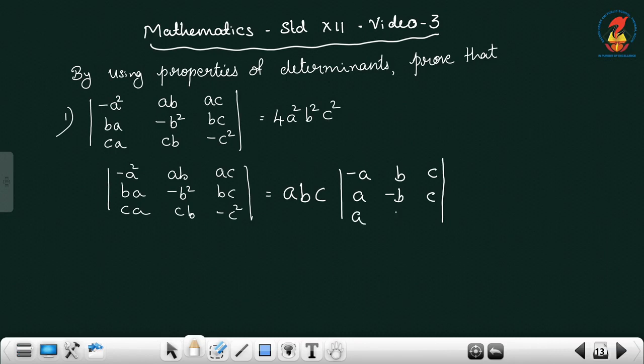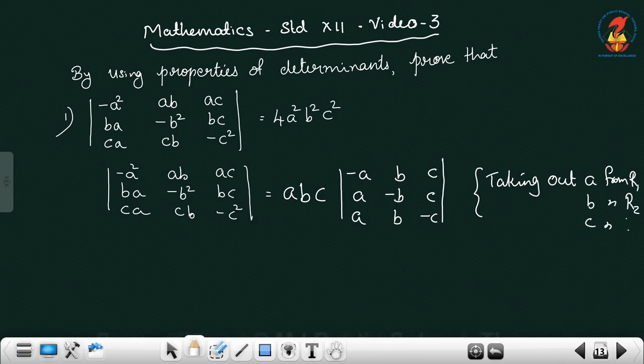So a, b and -c. Here I write, what we did: taking out a from R1, then b from R2 and c from R3.